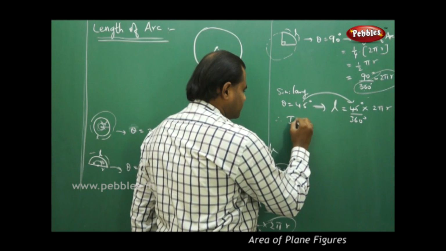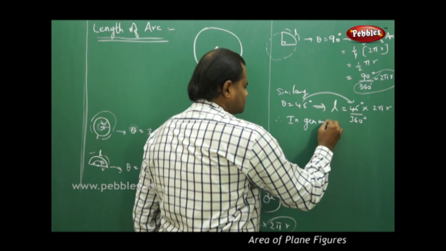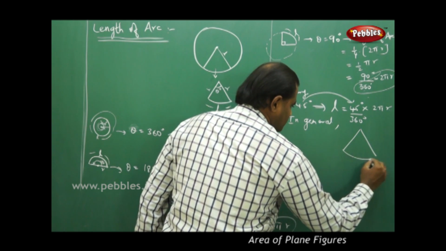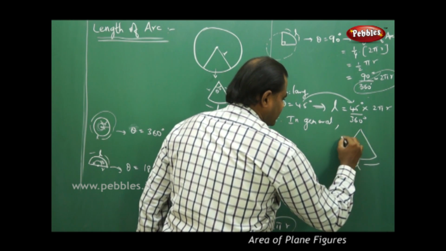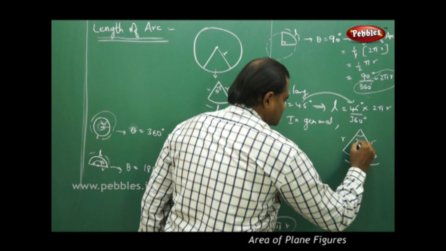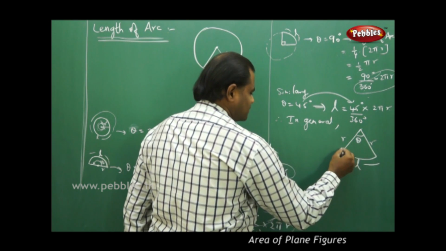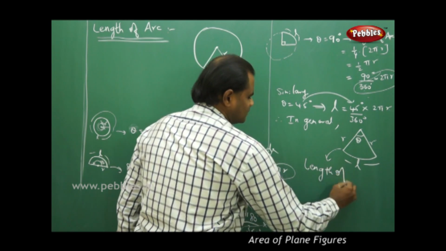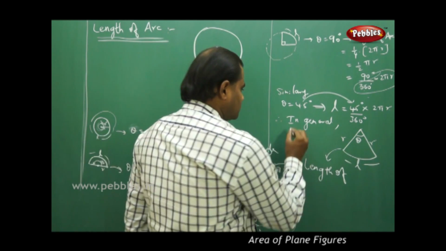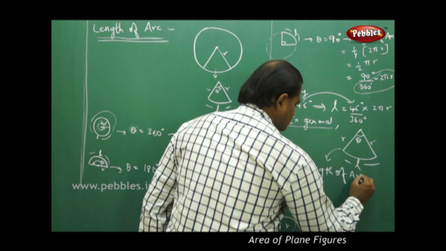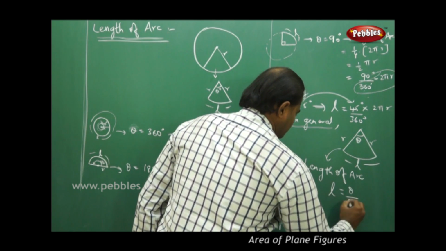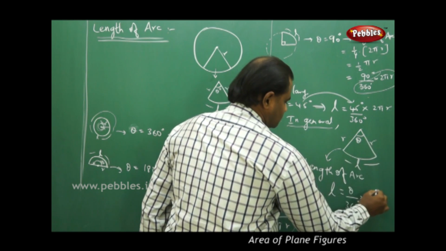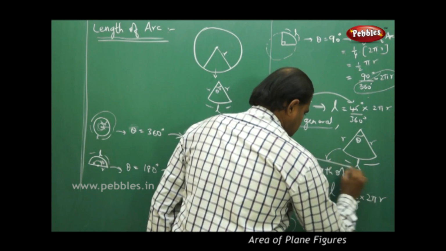Therefore, in general, I observe that if I have a sector with length of arc as L and radius as r and my angle is theta, then in this case my length of arc is given by the formula theta by 360 into 2 pi r.